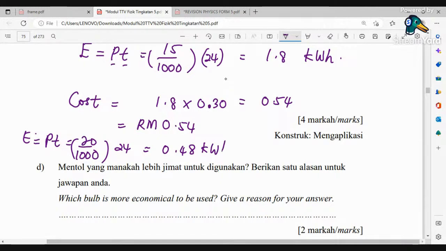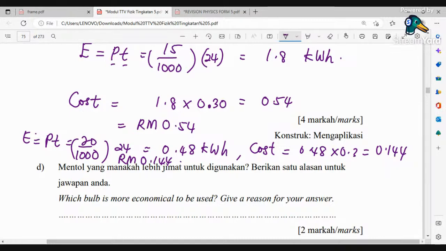Kilowatt hour. Cost 0.48 times 0.3. Okay, so RM 0.144 ringgit.